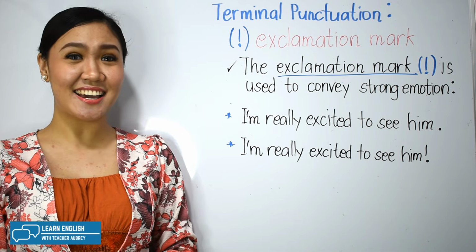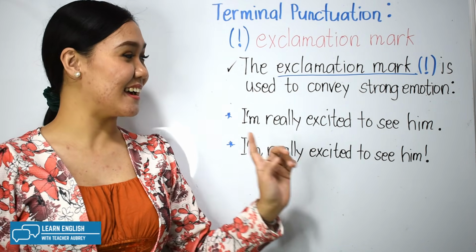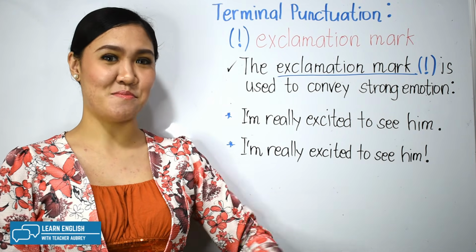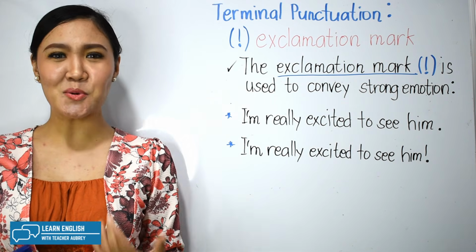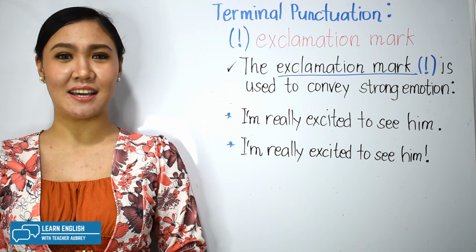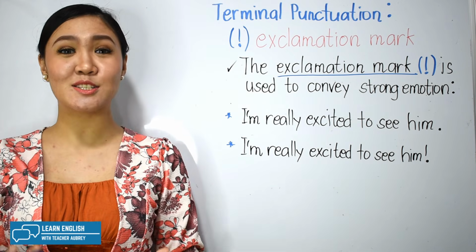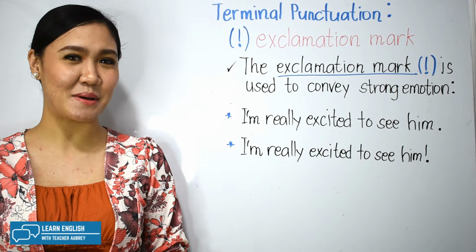Yun, totoong excited yun. Kasi, ginamitan na natin siya ng punctuation mark na exclamation mark. Okay? Ngayon, subukan nyo nga mag-isip ng mga statement na kung saan naranasan yung magpahayag ng isang bagay na nagpapakita ng strong emotion ninyo. Pakilagay nyo nga sa comment section sa ibaba at para mabasa ko.